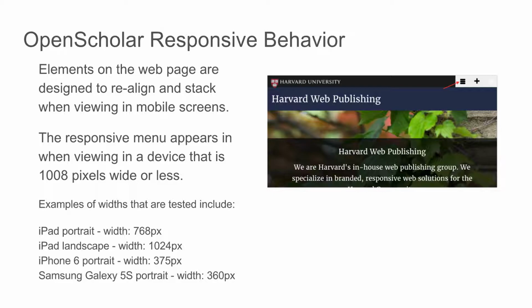As I said, we have a certain set of CSS rules that apply to different widths or maximum widths. Some common widths we saw are 768, iPad portrait, iPad landscape, iPhone 6 portrait, Samsung Galaxy. We just try to take the most common formats and widths for the devices hitting the platform.